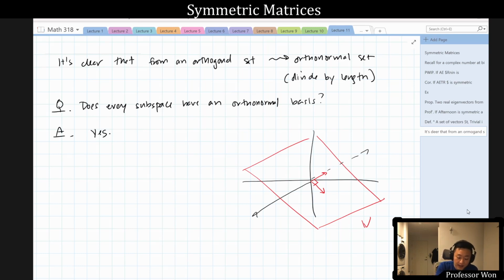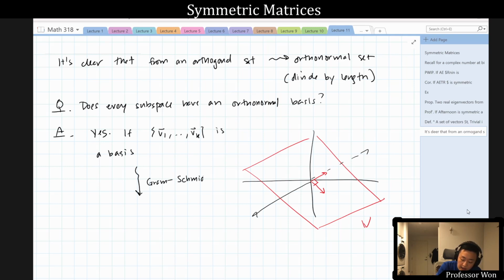If v1 through vk is a basis, then there's an algorithm, which is really not so hard to understand, but let's just accept that it exists for now.